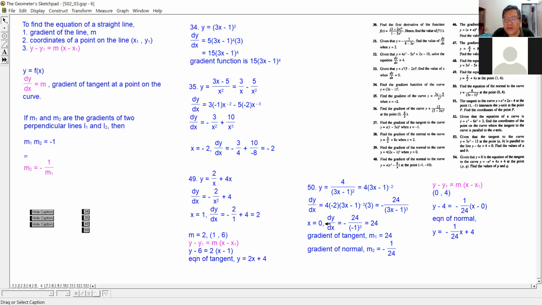I substitute 0 inside: 0 minus 1 is -1. -1 raised to the power of 3 is still -1, so negative becomes positive, and 24 over 1 is 24. So the gradient of the tangent, I call it m1, is 24. What is m2?